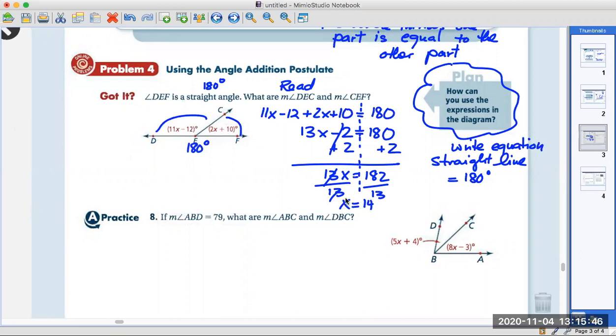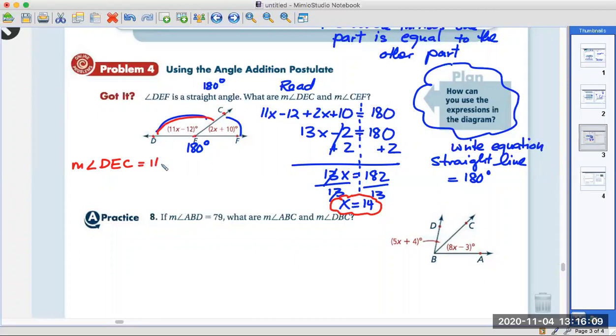But that's just to find x. The real answer is this. So I'm going to say measure angle DEC. So I'm looking for DEC. It's this one. DEC is this angle.